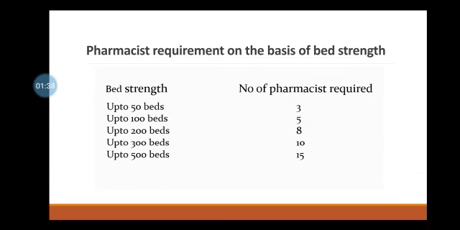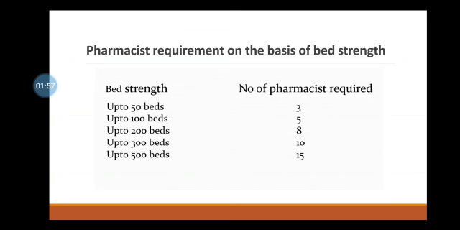As a rule of thumb, we must have a minimum of 3 pharmacists for a very small hospital. For a 100-bedded hospital, we can have 5 pharmacists. As the number of beds increases, the number of pharmacists also increases, but not proportionately.